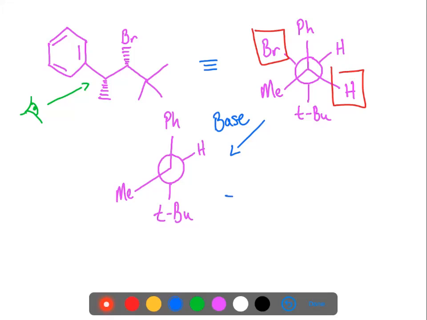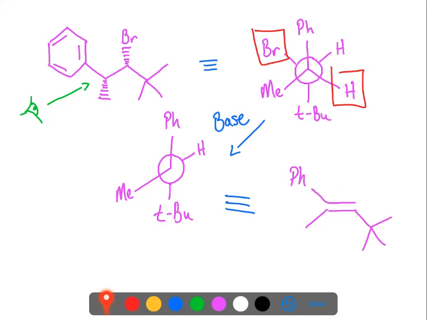So this conformation is equivalent to the following. And so we have the phenyl and our hydrogen that we're not showing cis to one another, and the methyl group and the t-butyl group are also cis to one another.